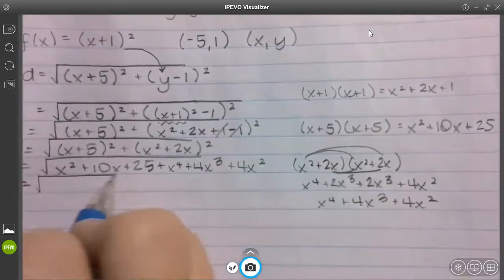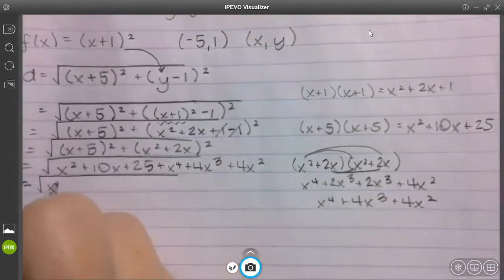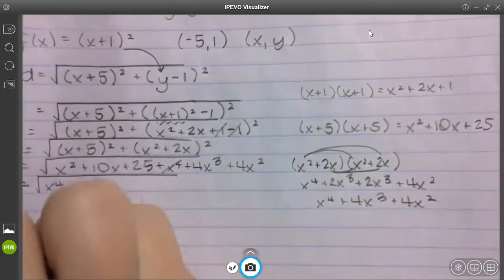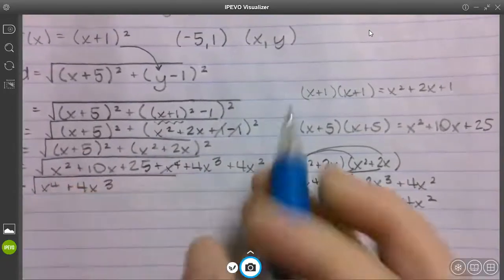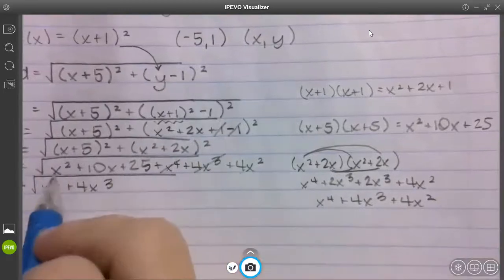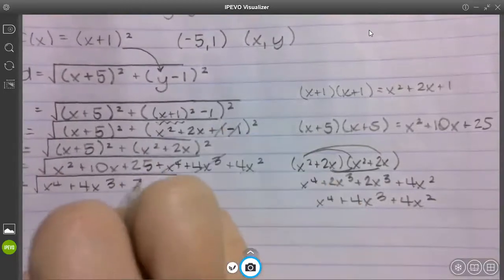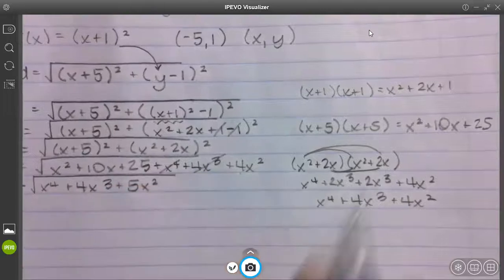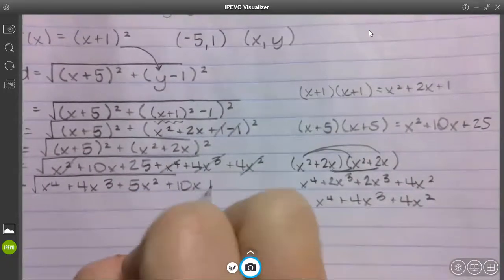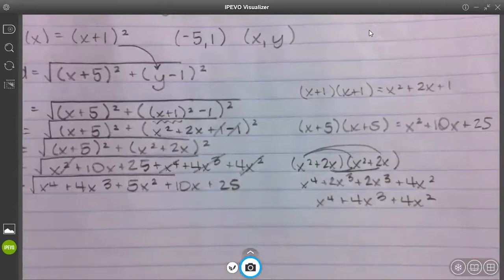So we have big fat square root. We have x to the fourth. I took care of that. We have an x to the third. We have a 4x squared and an x squared. That's a 5x squared. Then we have a 10x and a 25.